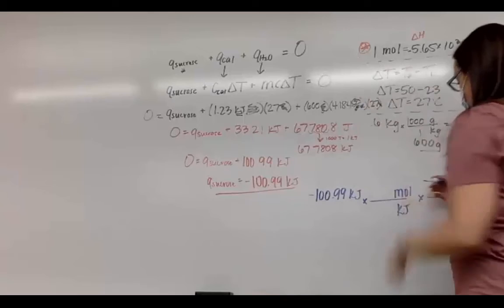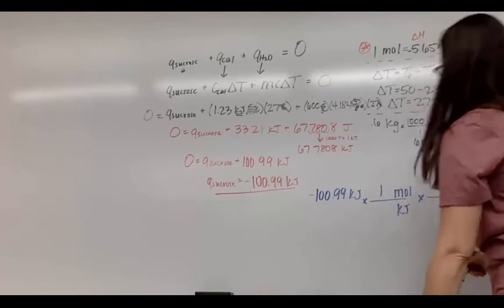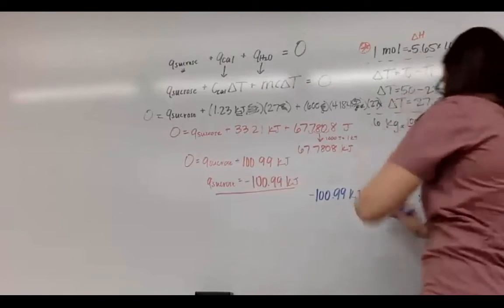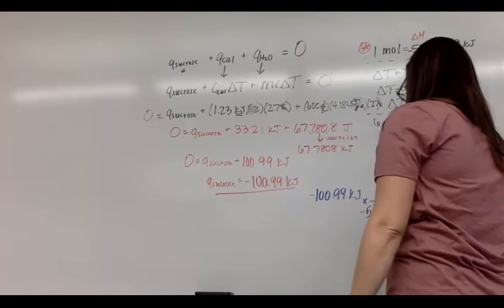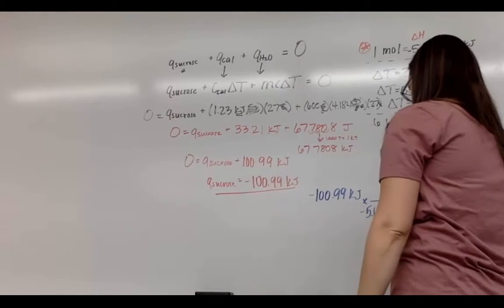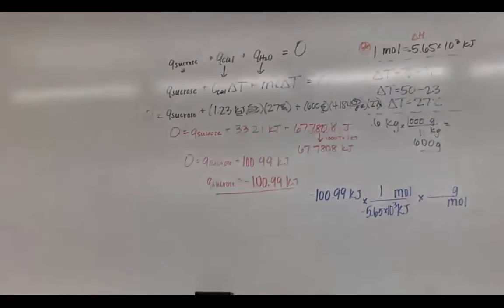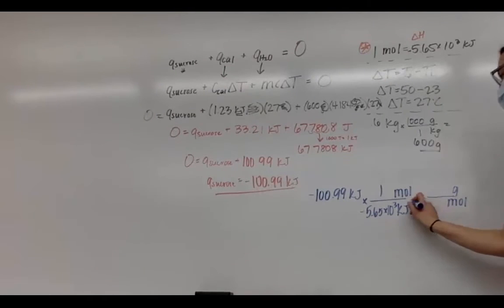So, using delta H for 1 mole of sucrose, it releases 5.65 times 10 to the third kilojoules. So now my kilojoules have canceled. I'm at moles.